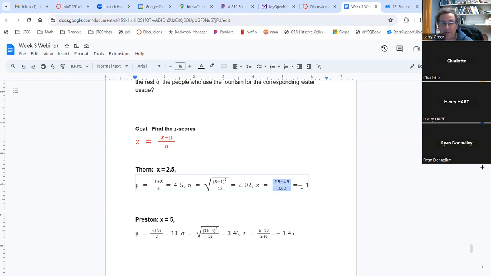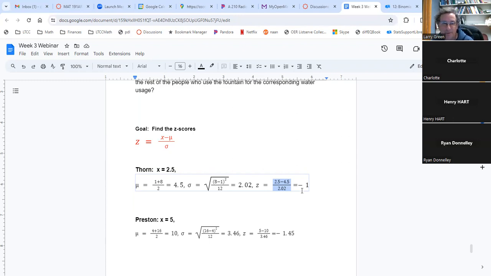Any questions on that? By the way, was Thorne's drink an outlier or not? No. Outliers are farther than 2 from the mean, so the z-score would have to be like -2.1 or something. And if it's between -2 and 2, which -1 is, it's not an outlier.